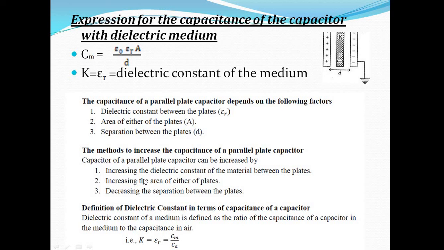Similarly, we derived the definition of the dielectric constant in terms of the force between the two charges. This is the definition in terms of the capacitance. If the question is to define dielectric constant, you can explain it in both terms. Okay, thank you, students.